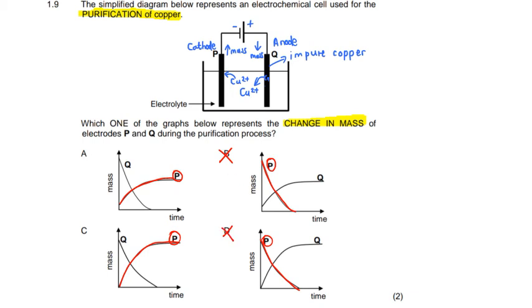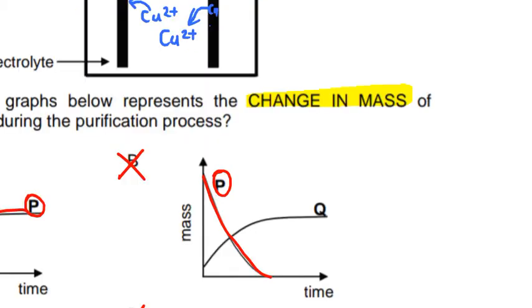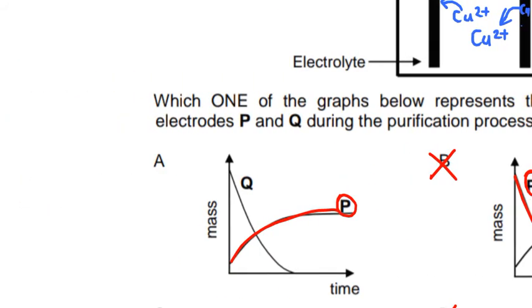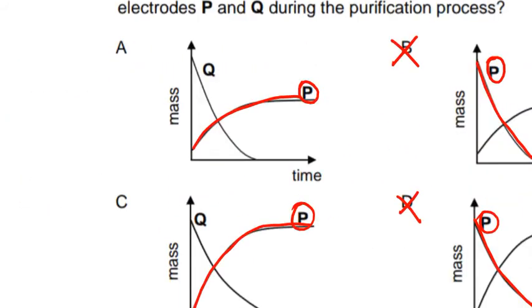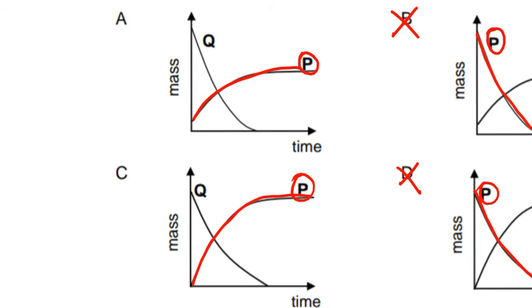Now let's quickly zoom into graph A and C. There's a slight difference between the two, and the difference is at this coordinate over here, or basically where the graph starts. Graph C starts exactly at the coordinates 0, 0, which is saying that when time is 0, or at the beginning, electrode P has a mass of 0.